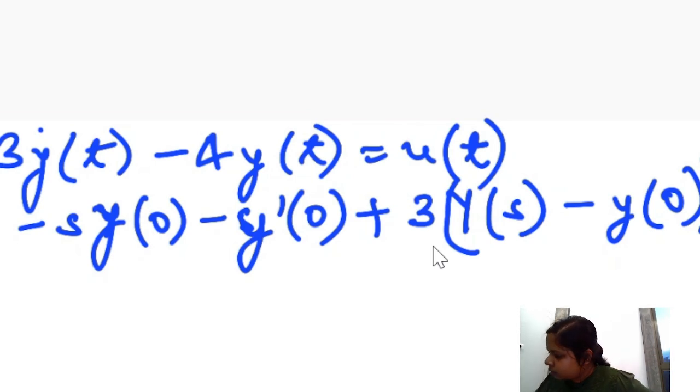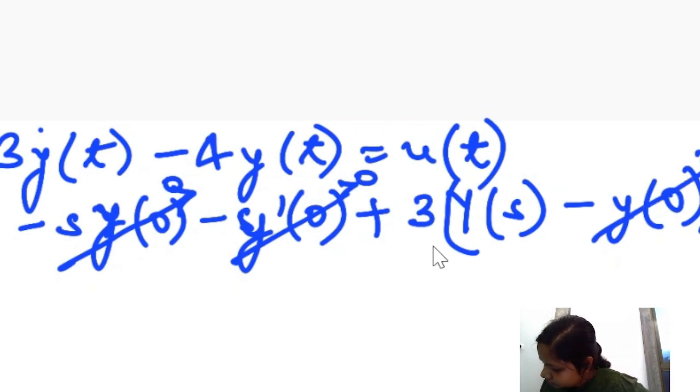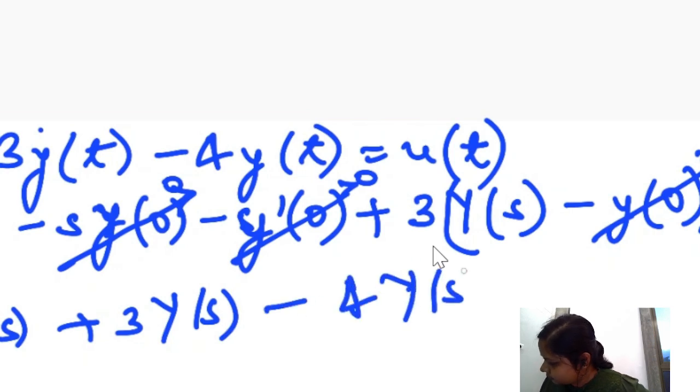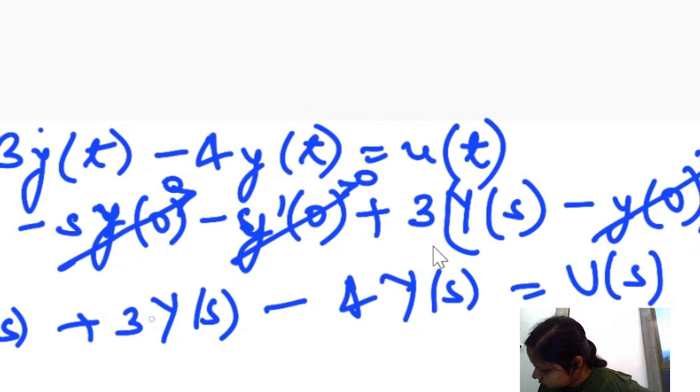Now what you see is the initial conditions are 0, so this is 0, this is 0, this is 0. So what you get is s square Y(s) plus 3sY(s) minus 4Y(s) is equal to U(s). Madam, I missed U(s) here. Okay, thank you. So this is the term.